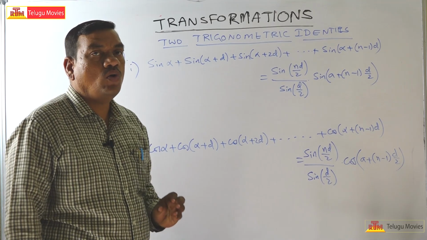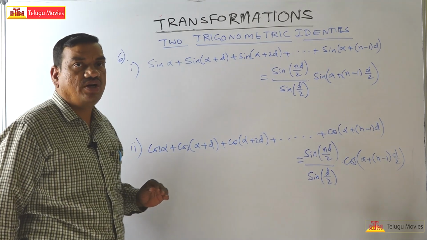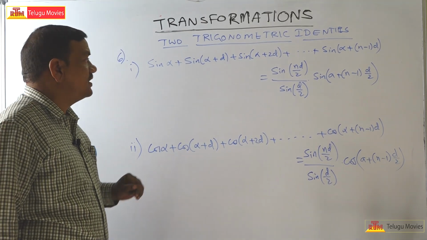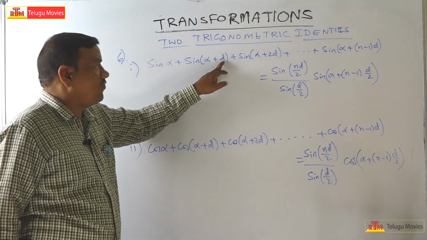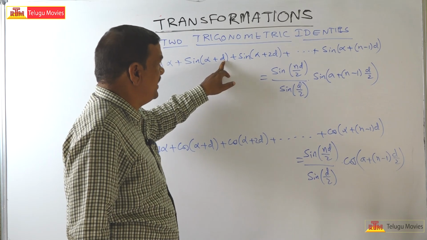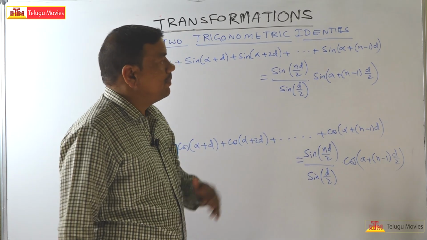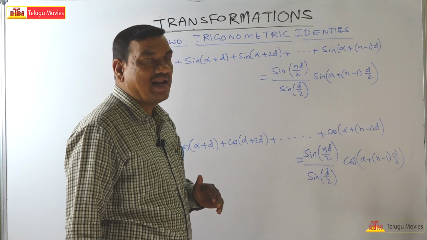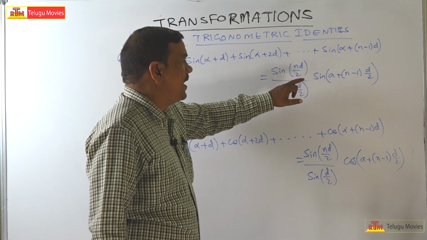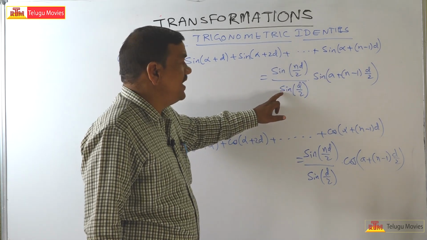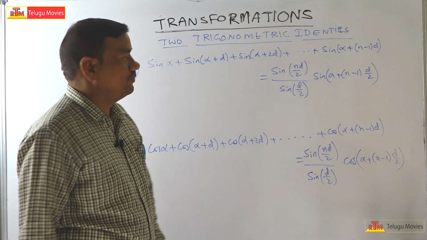Here we have two interesting results, but their proofs are also somewhat difficult. Let us see this result here. Sin alpha plus sin of alpha plus d plus sin of alpha plus 2d plus so on plus sin of alpha plus n minus 1 into d is equal to sin nd by 2 upon sin d by 2 times sin of alpha plus n minus 1 into d by 2.